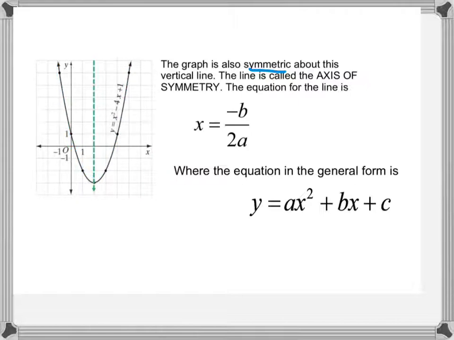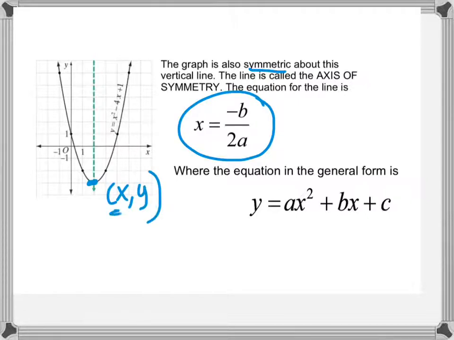Now, the equation of this line of symmetry has to do with the x coordinate of the vertex, because remember, this is the vertex right here, so it has an x and a y coordinate. The x coordinate of the vertex is also the x value from which we would make the equation for the line of symmetry.